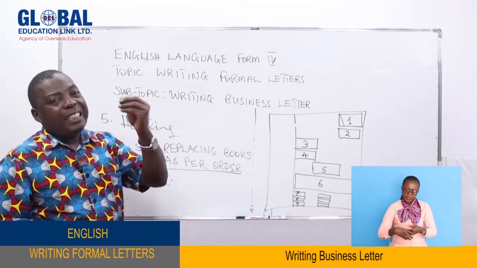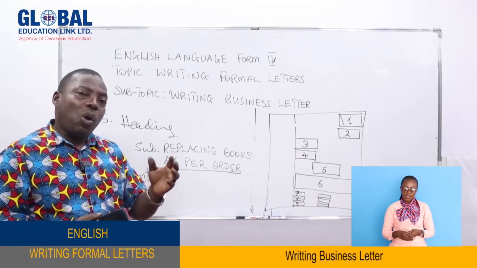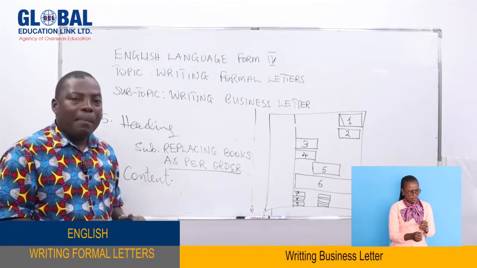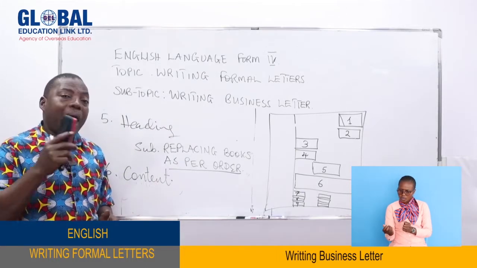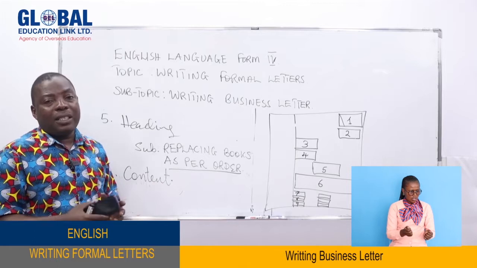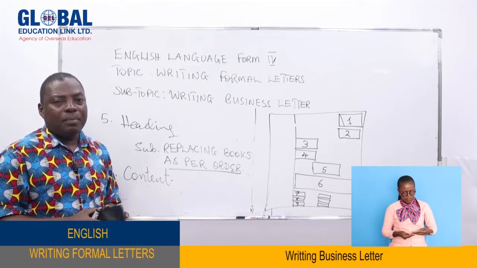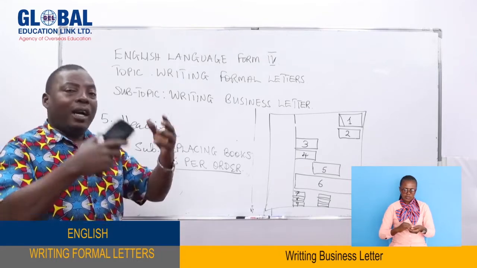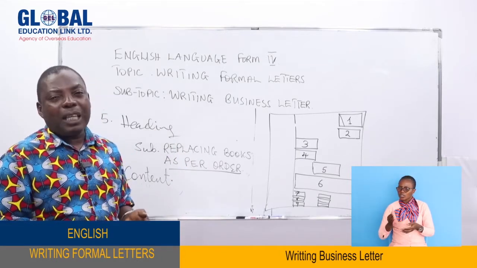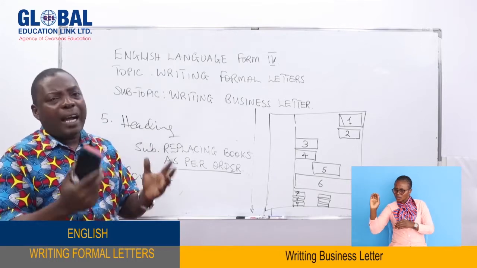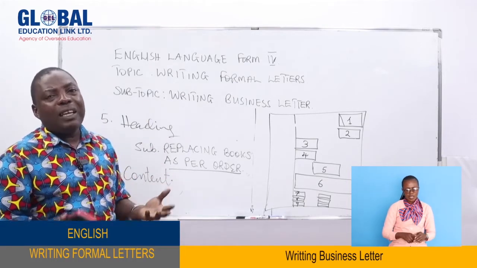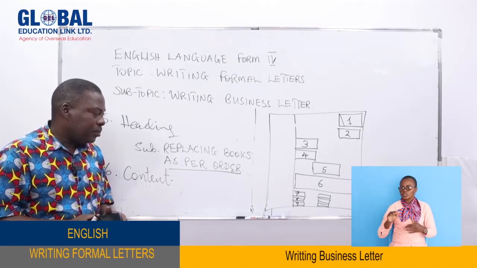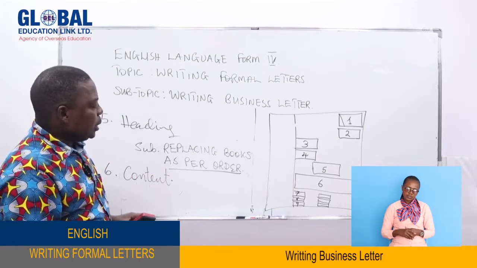And if you're making a debt reminder, you also need to show how much I owe a person, the amount and the items that you have received. And if maybe you are making a reservation of an area where you want to go and stay for some time, you have to be specific about the kind of area that you want. What services do you expect to meet? And all such things. That is under the content.